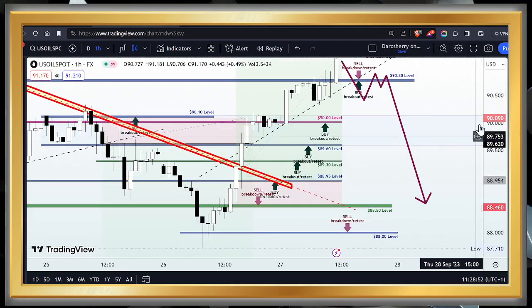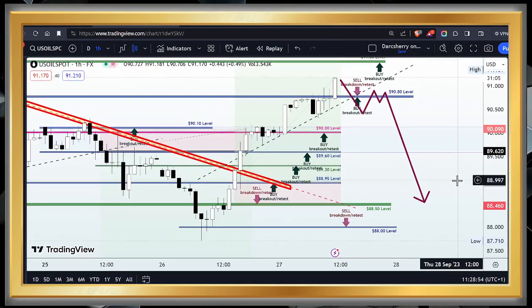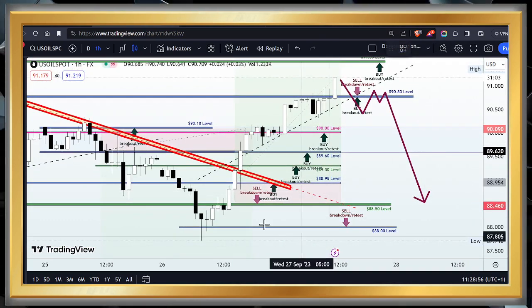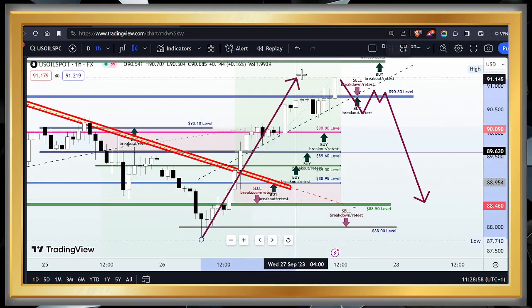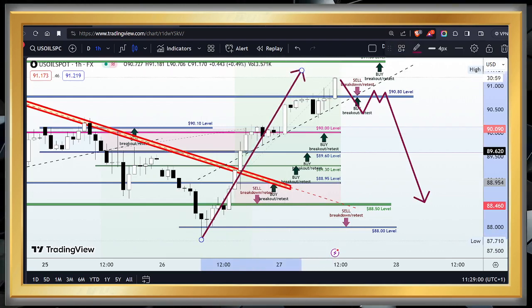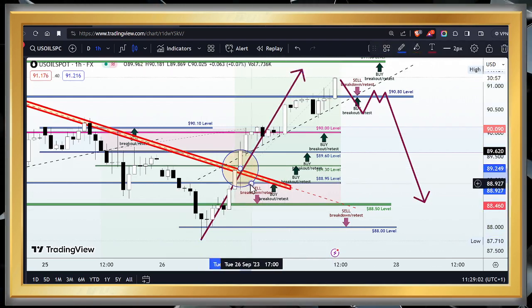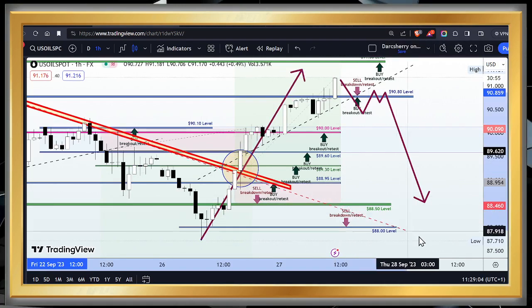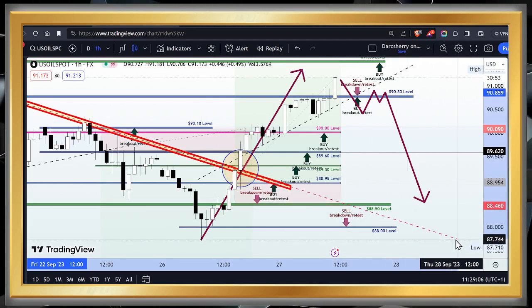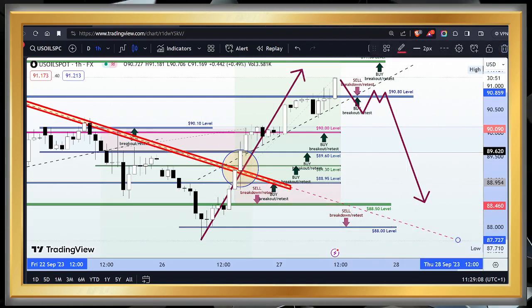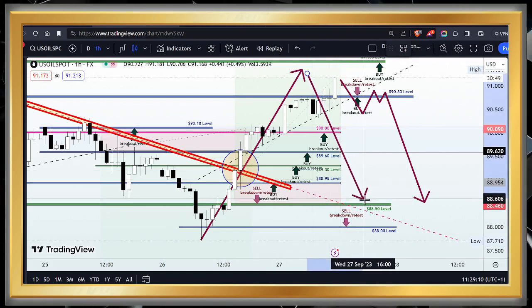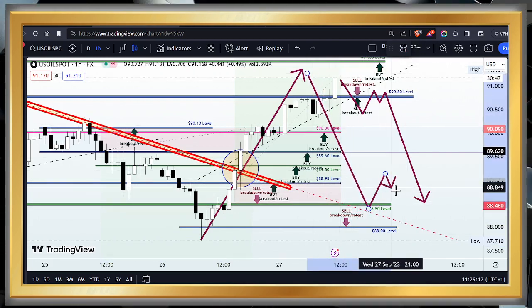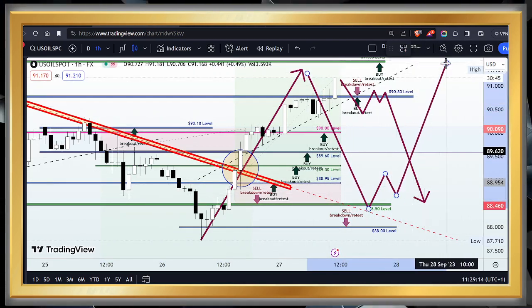Now, if we look at this from a technical standpoint, really, you will see that since price broke out of that descending trend line yesterday, we expect that at some point in time, price may likely come back to retest the trend line that was broken yesterday in anticipation of the uptrend continuation.